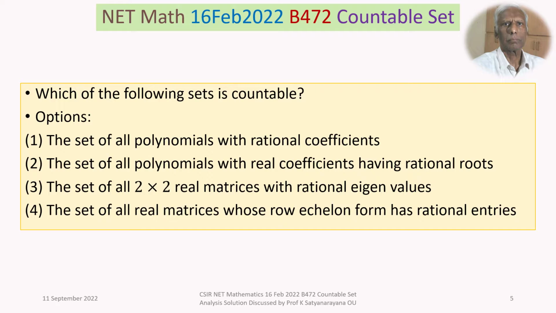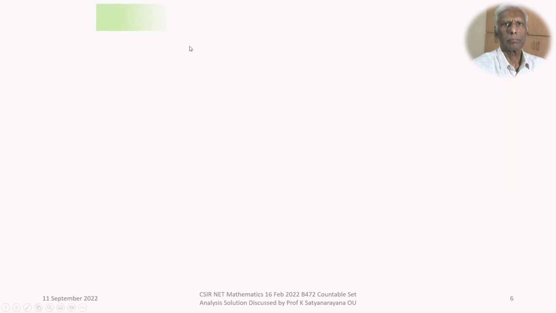So by looking at these four options, immediately a student will recall option 1, and puts that option 1 is the countable one. I will show first how option 1 is countable, the proof of it. Later I will show you options 2, 3, 4, these sets are uncountable. We now discuss the solution of this problem in detail.